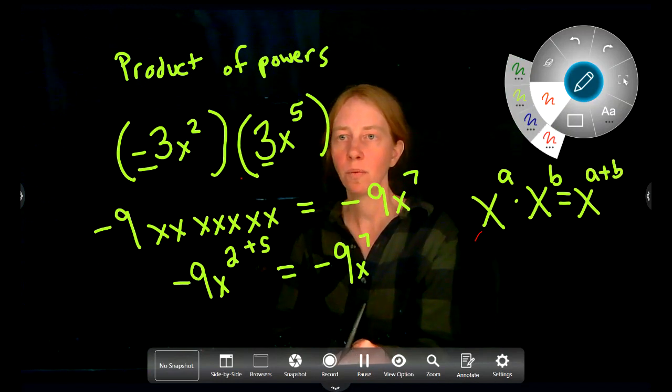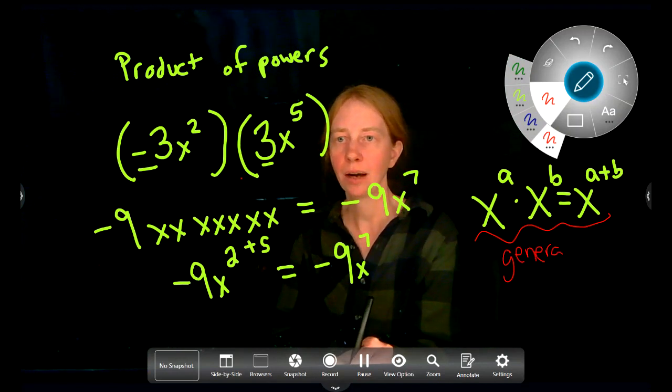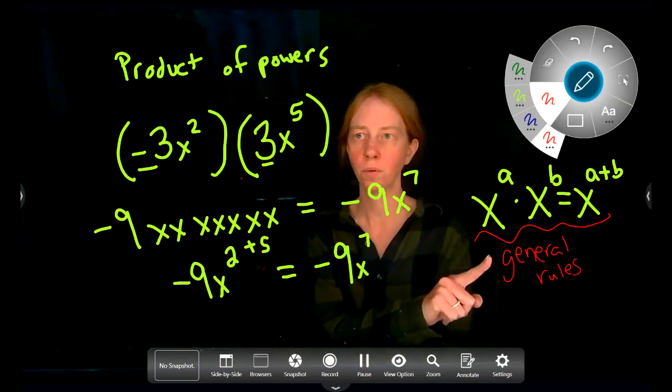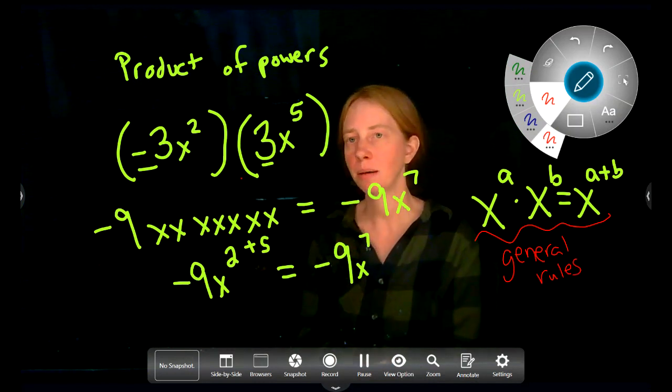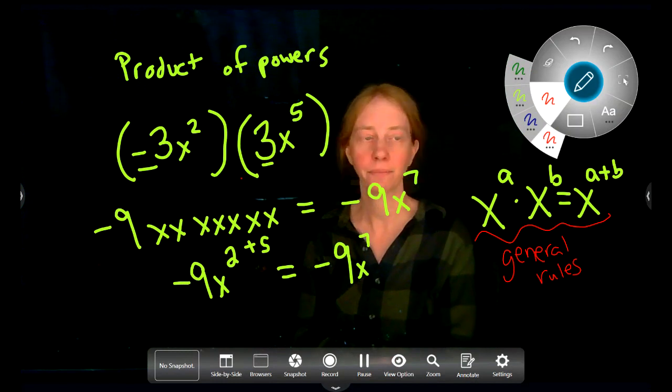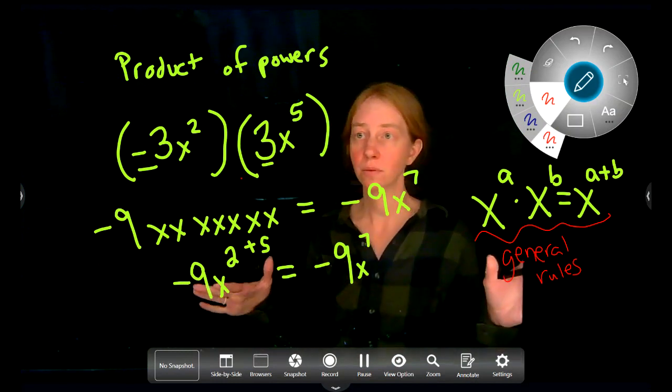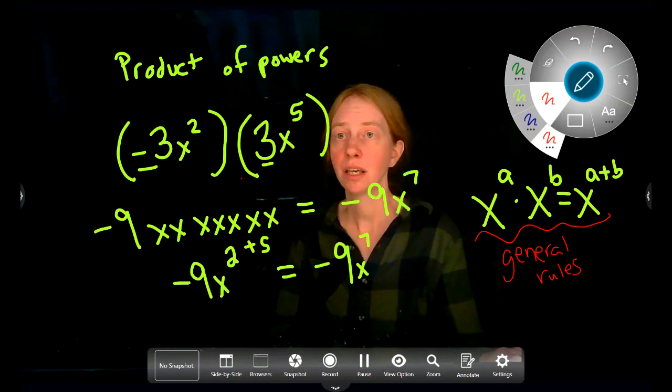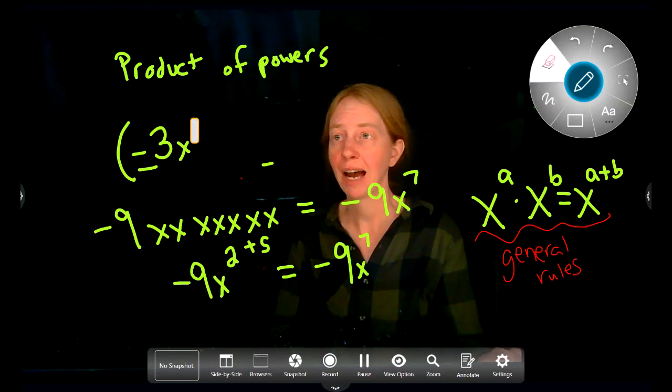Okay, so this is how we write our general rule. And so I would kind of make a spot in your notes to write the general rule plus the example of how to use it. Okay, so that's real quick, the example of product of powers.